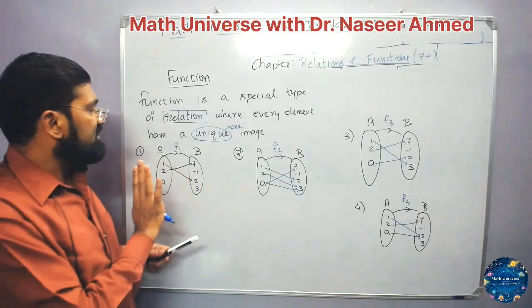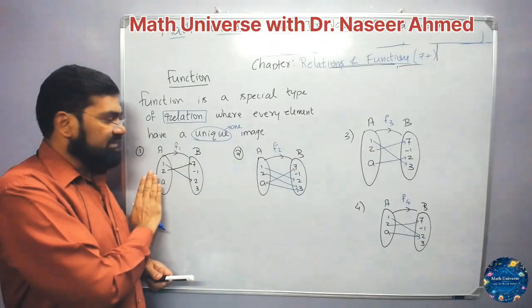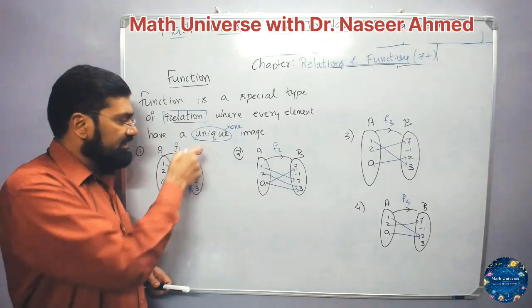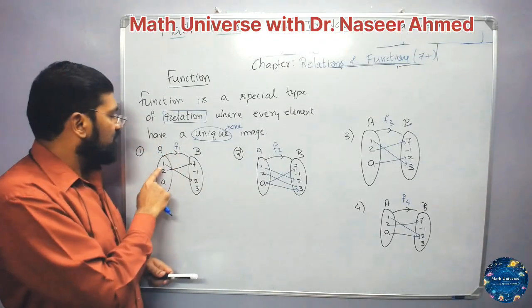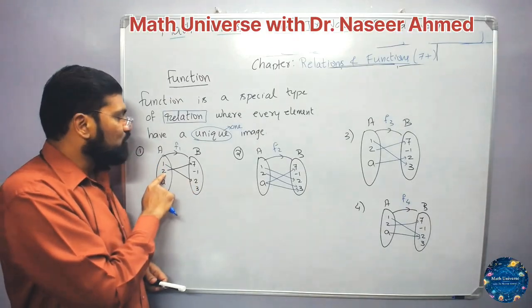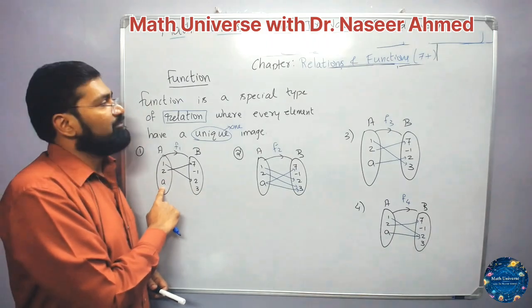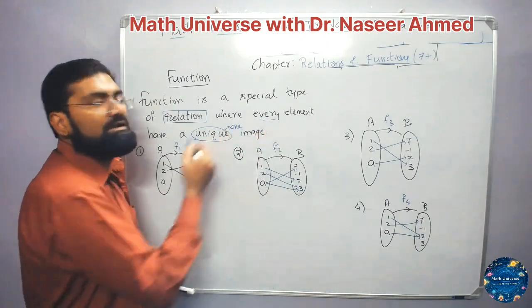Now first see here, every element of the first set should have one image in the second set. So image of 1 is 2, one image is there. Image of 2 is 7, only one image is there. But there is no image for A. Here we said every element should have one.